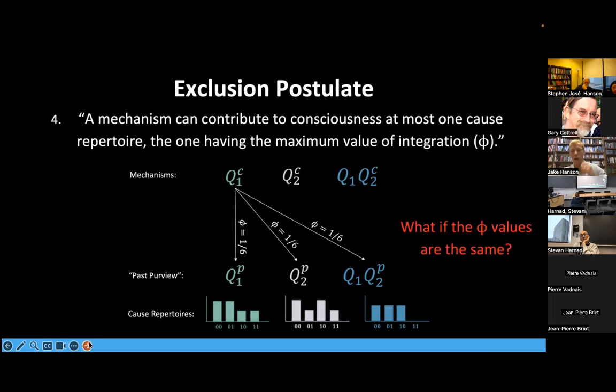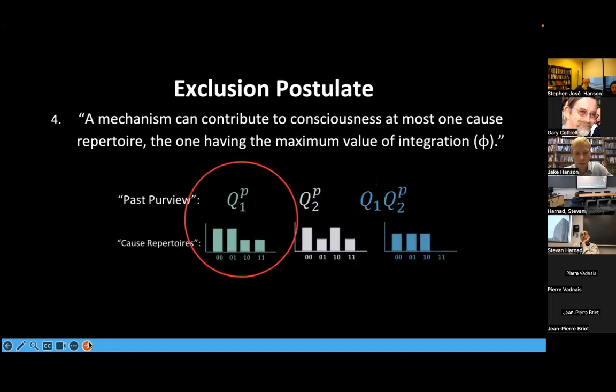And so the question is, well, what if the phi values are the same? There was nothing in the IIT paper that says what to do if the phi values were the same, but it makes a big difference, because if you choose this cause repertoire and you carry this distribution forward in the calculation, the actual distribution matters.